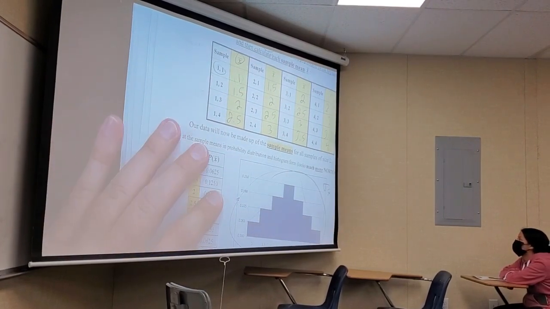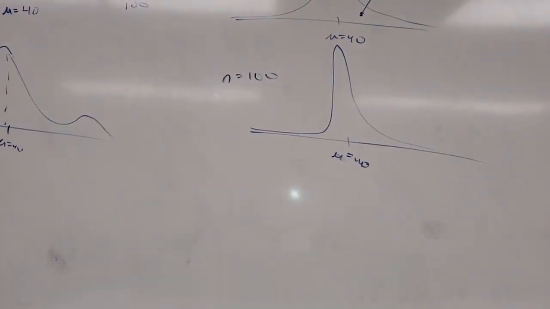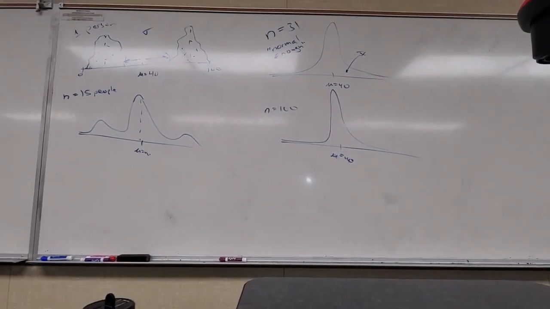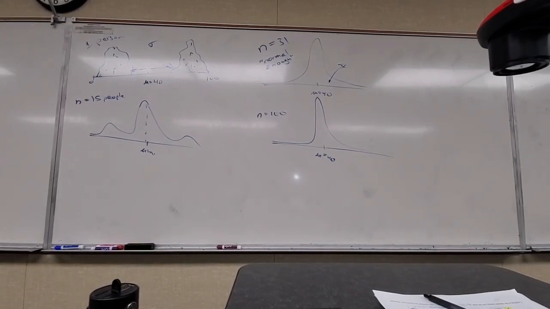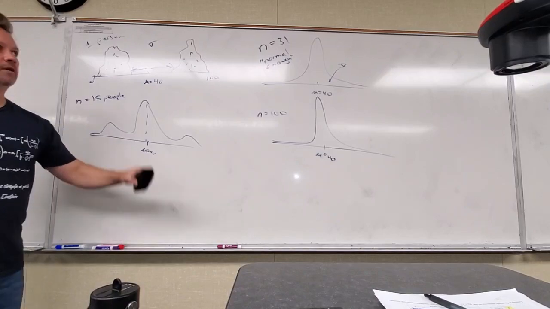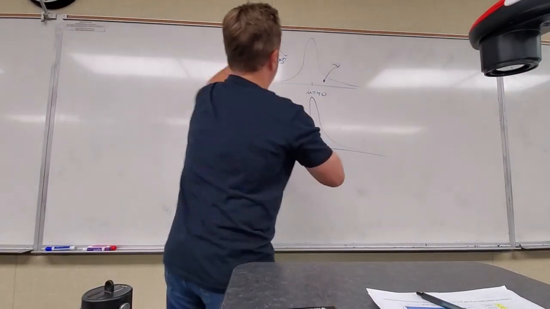So let me do an example problem. Let me do it up on the board because I'm getting tired of this projector. When a sample is taken and they ask a question about the probability of a sample mean doing something, the first thing we have to do is change the standard deviation they gave me. And why is that? Well, let's do a problem real quick.